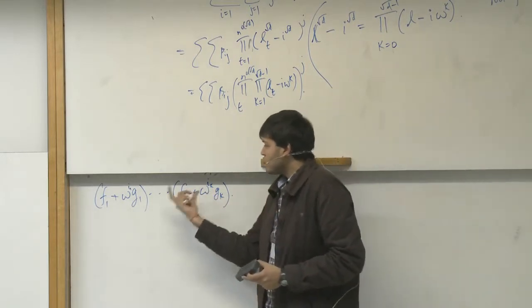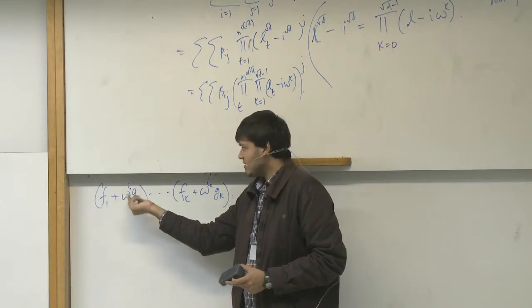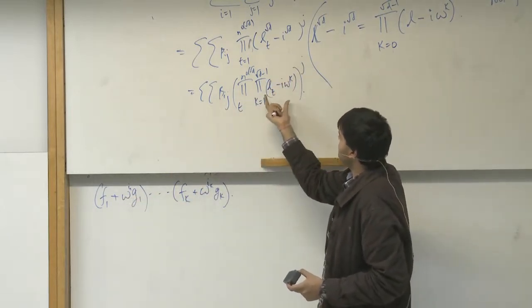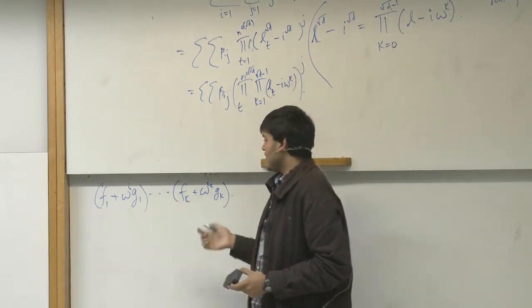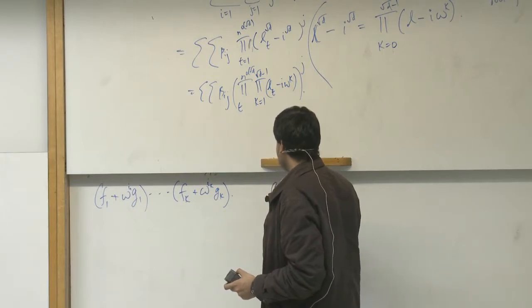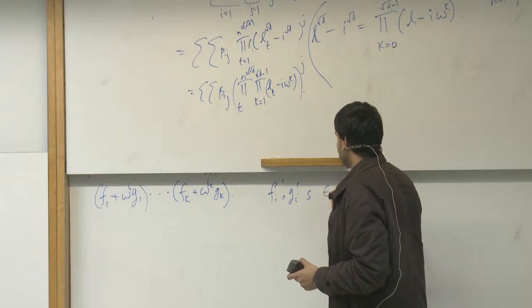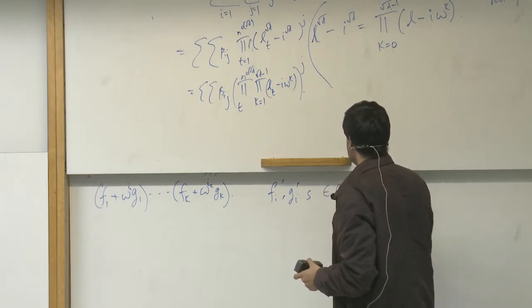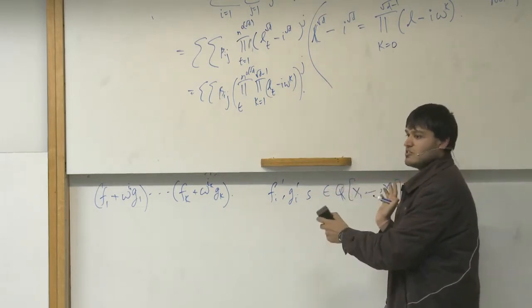So suppose I give you a product of polynomials involving roots of unity, of this form. Certainly every such term is of this form, right? And moreover, you know that the fi's and gi's are rational polynomials. They only involve rational numbers.